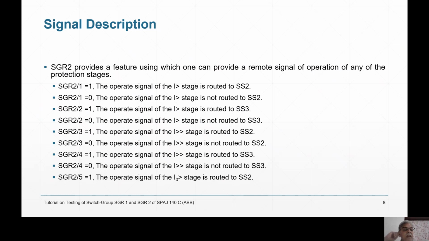That is, you want to make it reach some other remote place. One is the engineer in charge, another is the control room. You see, in a power station, you will find that there are many places. In a power plant, there is one main control room, which is controlling the generator.